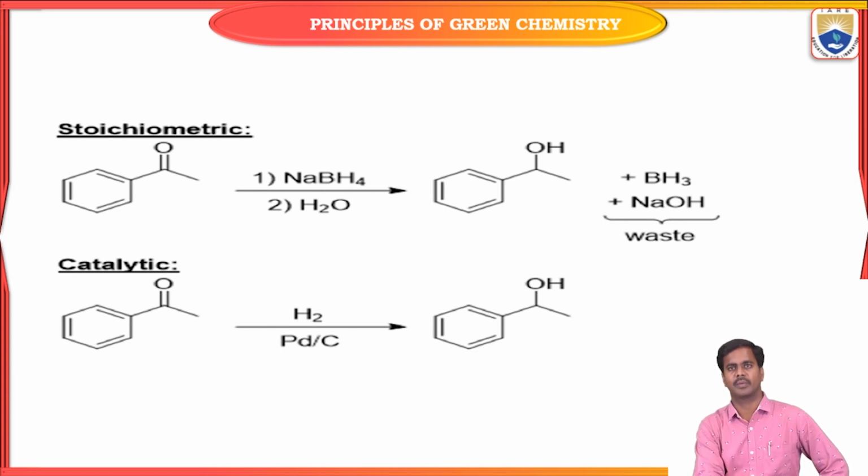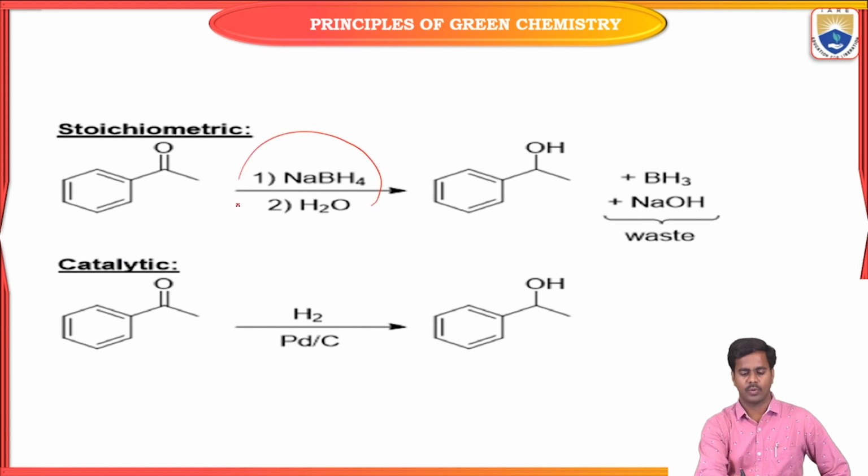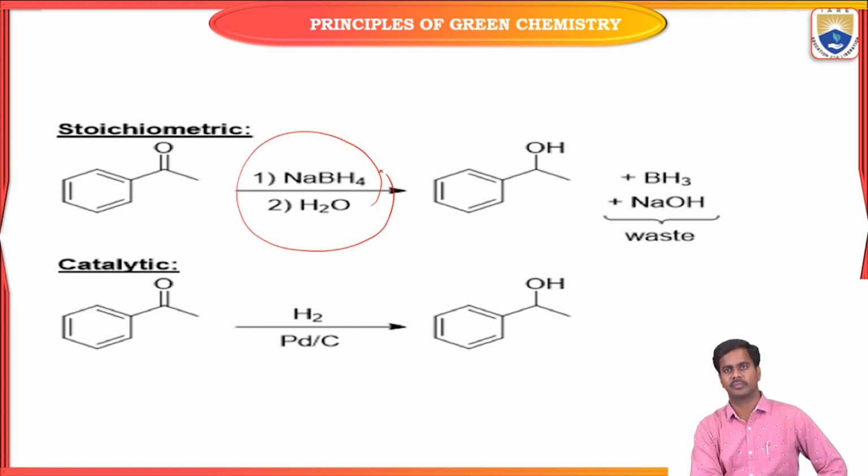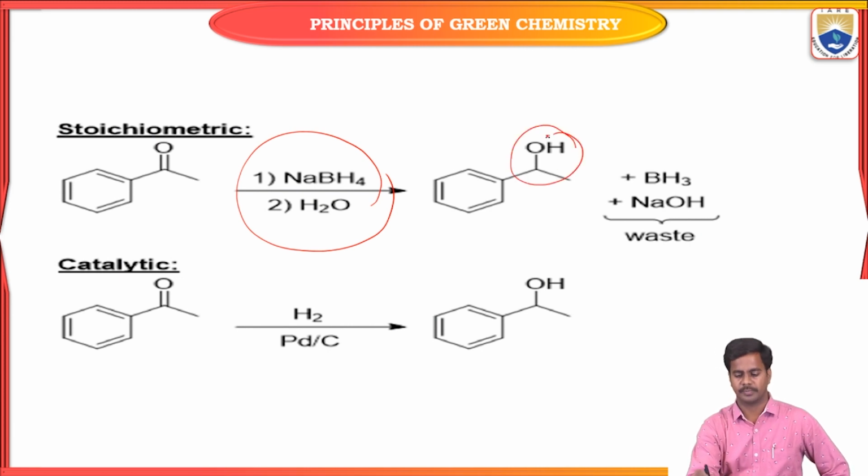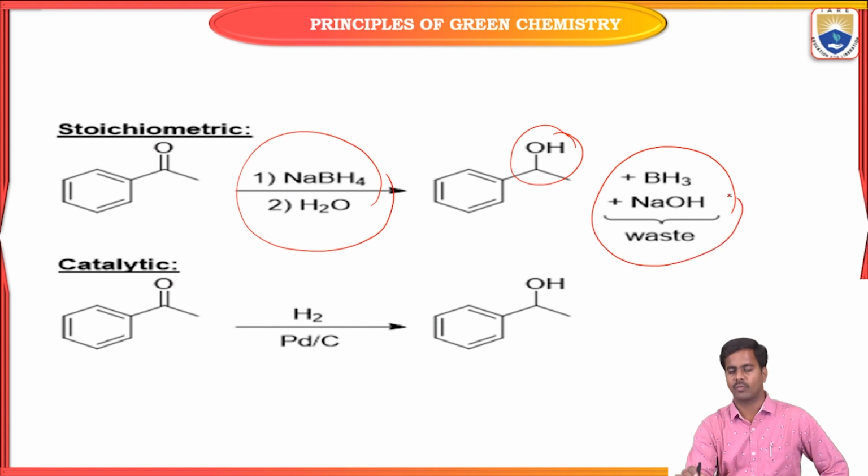Suppose you take some reactions. Here, if you observe the first reaction, we are using NaBH4, which forms some hydroxy compound along with BH3 and NaOH. These are unwanted or waste products. So we have to prevent the formation of these products.